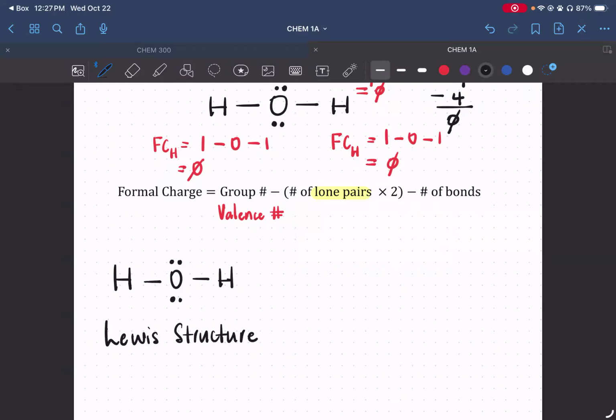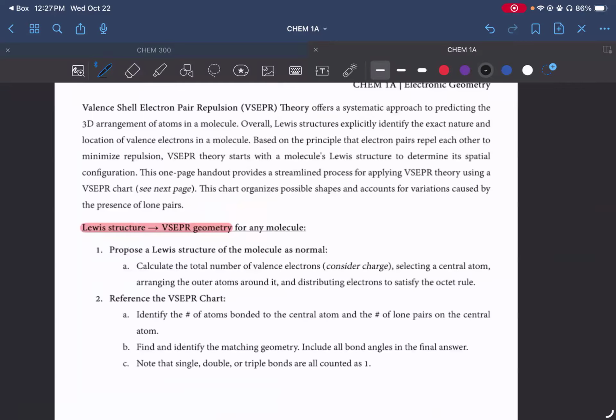Upon drawing a Lewis structure, we can then determine the compound's VSEPR geometry. I would now like for us to turn to the second page of the handout.